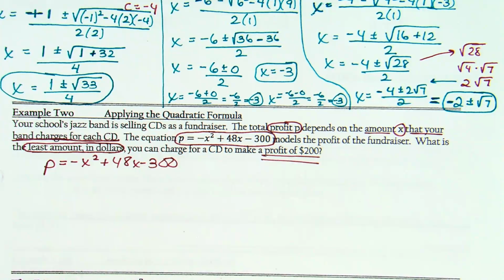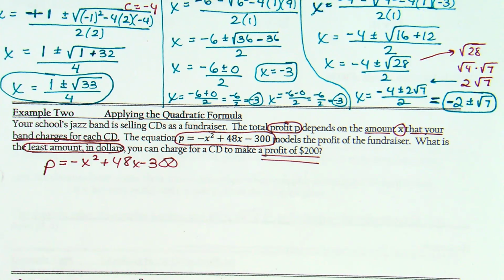Thoughts on where to go with this problem then? What do you want to do here? What do you think, Keaton? And then you have to get 0 on that side, so you minus the 200. Okay. So they're giving me a profit, yes? Yes. They're saying make a profit of 200. What do we know stands for profit?